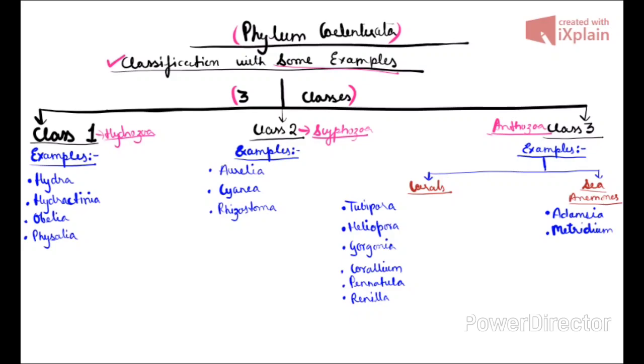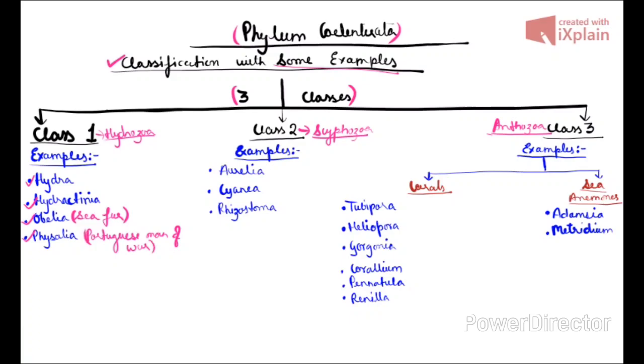Class Hydrozoa has examples like Hydra, Hydractinia, Obelia, which is commonly known as the sea fir, and another example is Physalia, which is the Portuguese man of war.